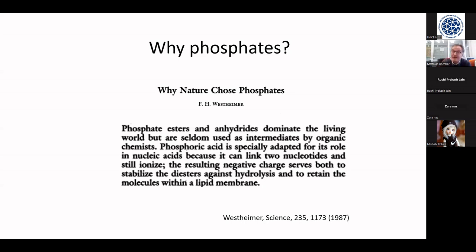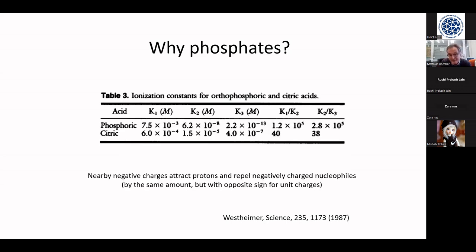And the trick to assure the long-term stability is the negative charge. And the argument that he makes for that is to say, okay, the negative charge attracts protons in the same way that it repels negatively charged nucleophiles by the same amount, but of course with opposite sign for unit charges.